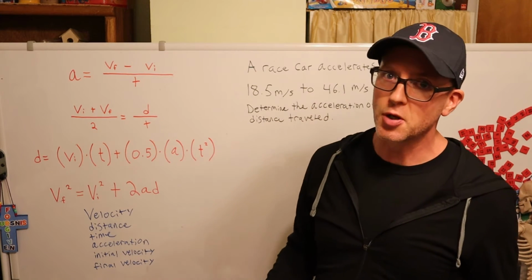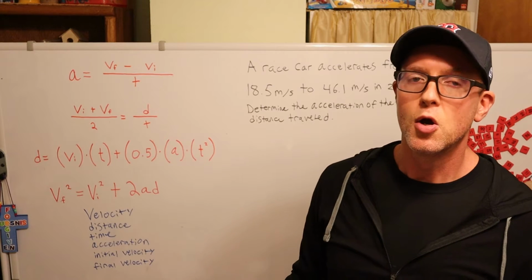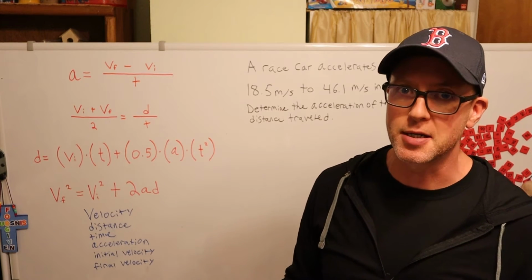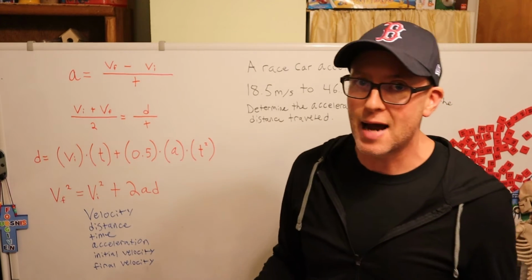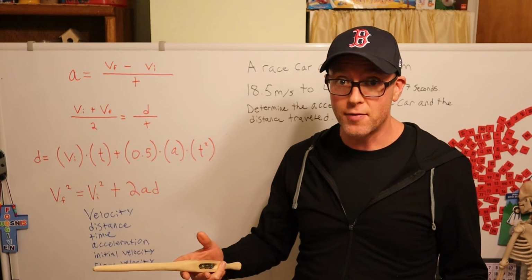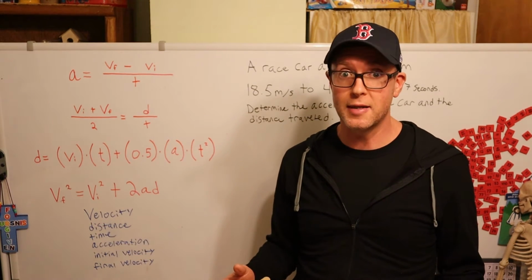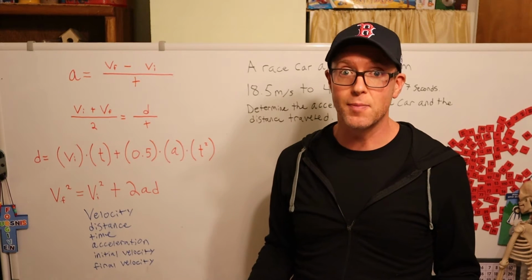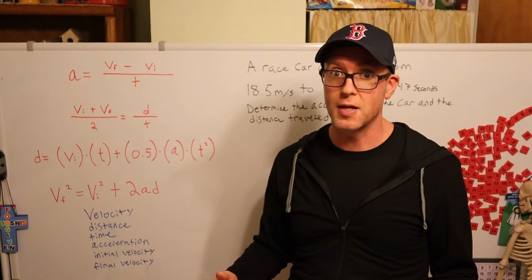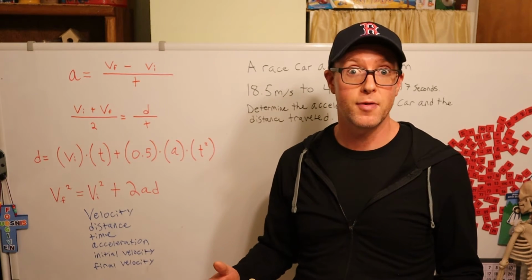That at first seems a little bit complicated, but if you remember, we're dealing with average velocity. And if I wanted to get the average of, let's say, 5, 7, and 9, I would simply add 5 plus 7 plus 9, and then I would divide by 3.